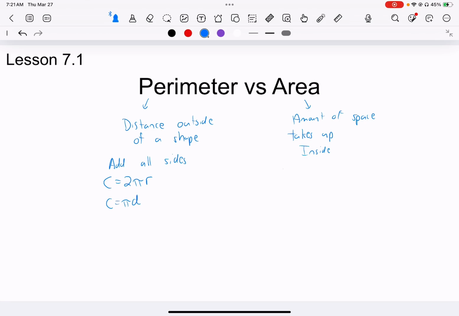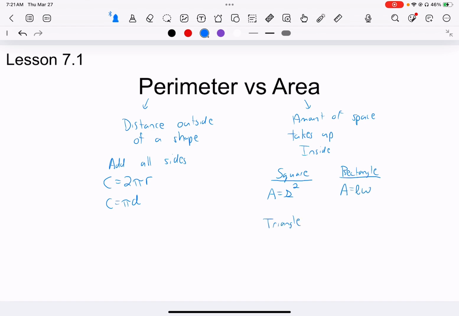For the area, there's a few different shapes we have to know how to find the area of. The first one is a square. For a square, the formula for the area is going to be the side squared because all the sides are the same. For a rectangle, the formula for the area is length times width.